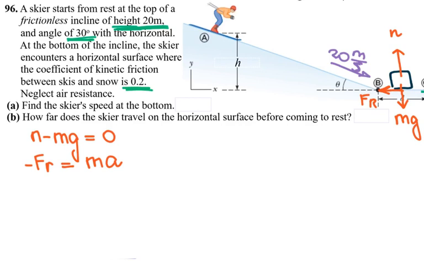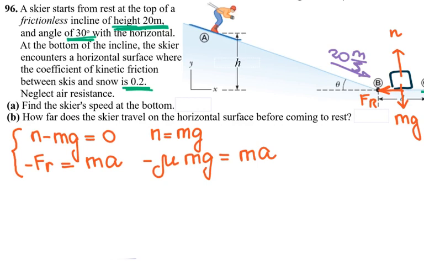They don't give me the mass of the skier, because when I say mass, it's the mass of the skier. But I see that the normal force is equal to mg in this case, and the friction force is equal to mu times the normal force, which is mg, and equals ma.